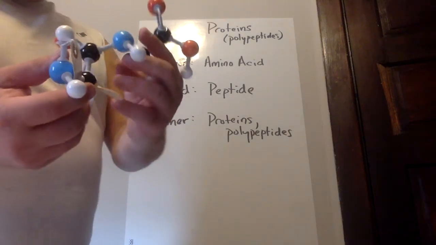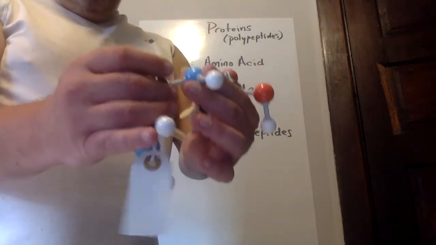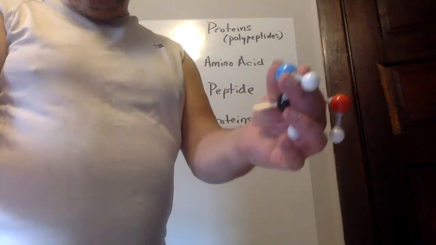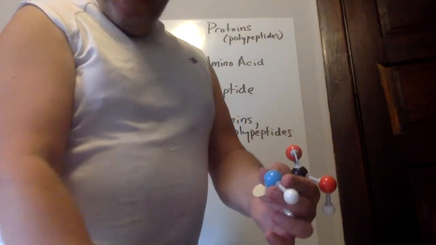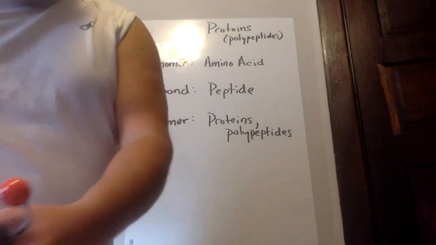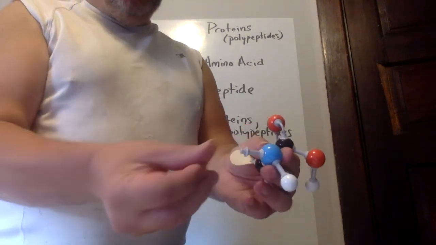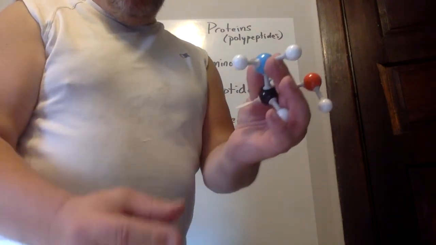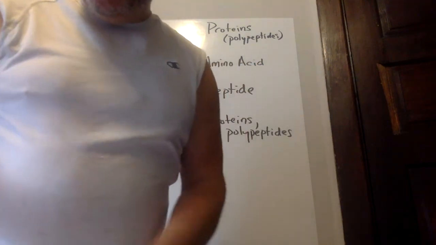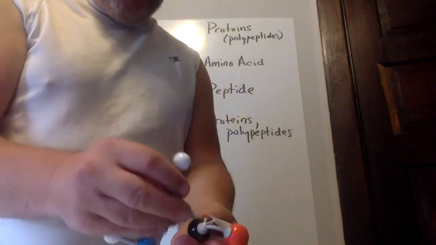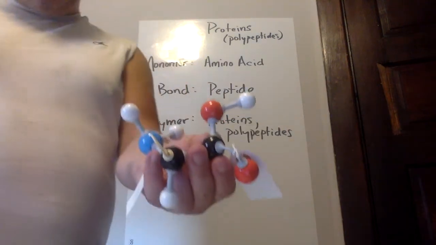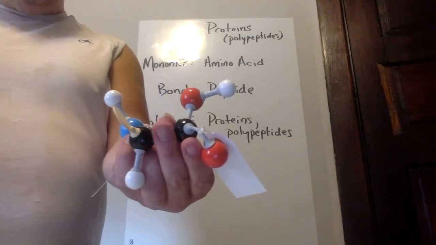Or we could do hydrolysis, in which case we would break our peptide bond, and we would put our hydrogen back on our amino group, and we would put our hydroxide group back on here, and we would be back to our original monomers, the amino acids.